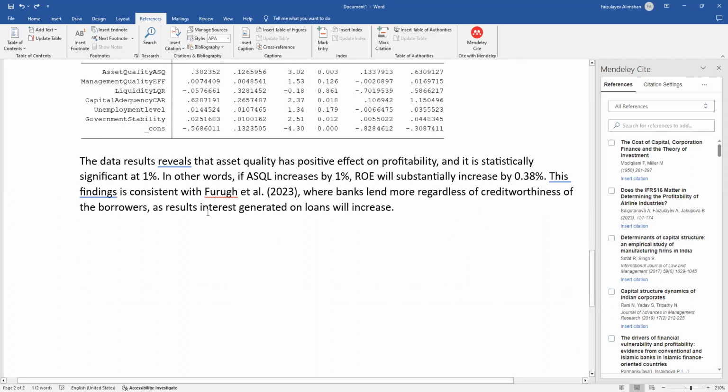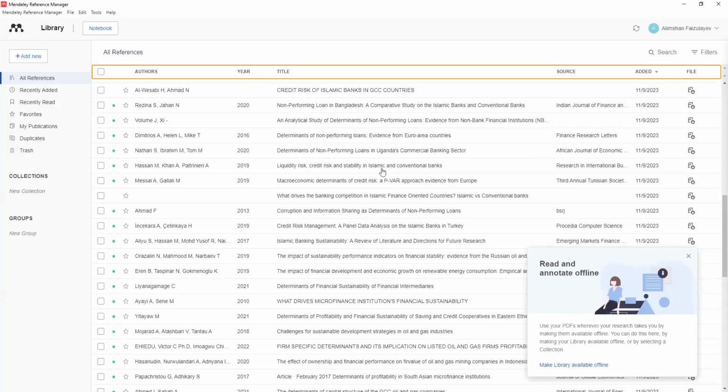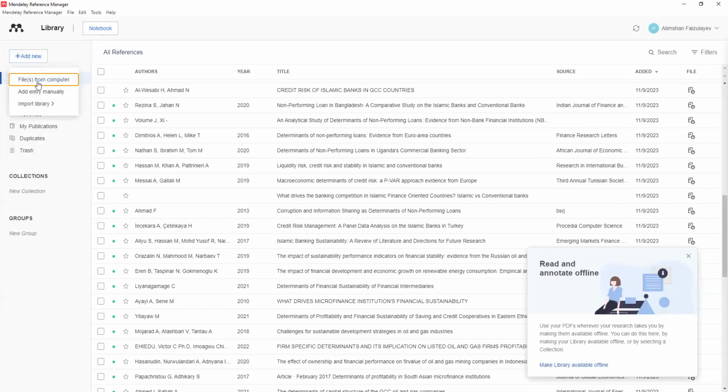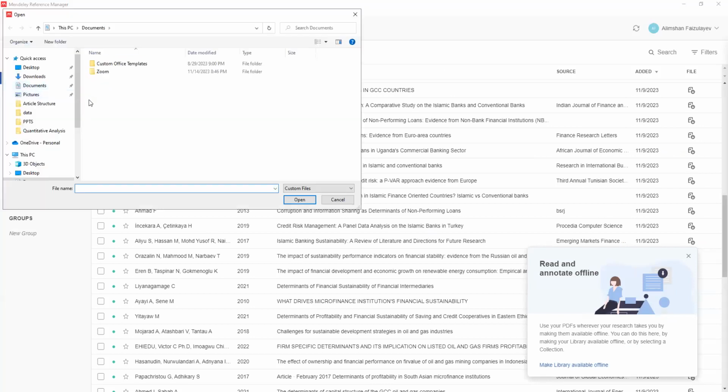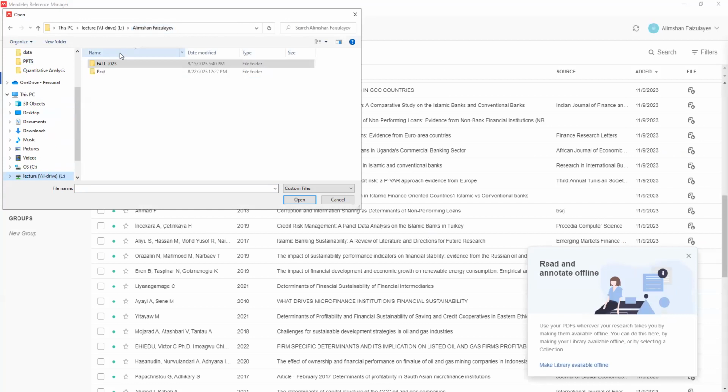So this is inserted here. And we assume that the reference is inserted automatically too. Now we go here. So what you can do, for example, how can you add the literature review here? Here, add new. Either you add the whole article, like go and select the files. Let's say I go here to article data. I don't have it here. I think it's here. It should be in the past, all articles.